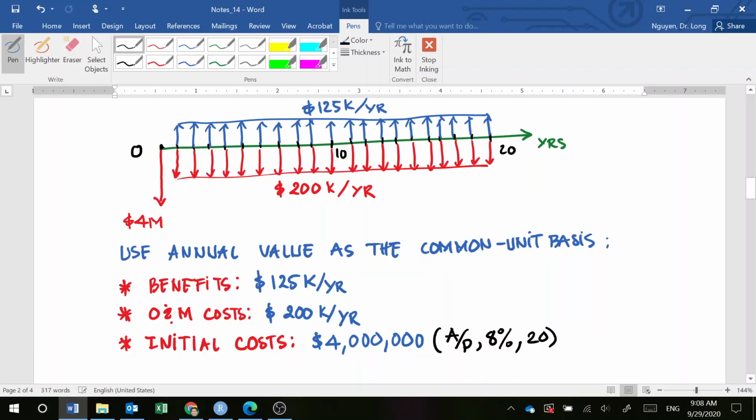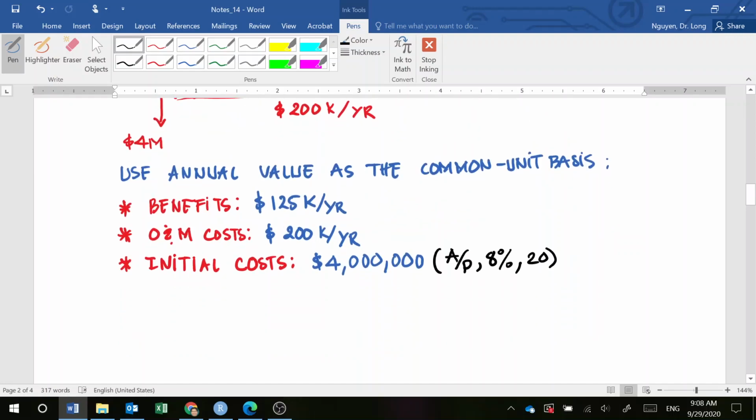With that we can use the table, and by now you should be able to use the table in the reference. So A over P at 8% and 20 years is equal to 0.1019. So it equals 4 million times 0.1019, from the reference.